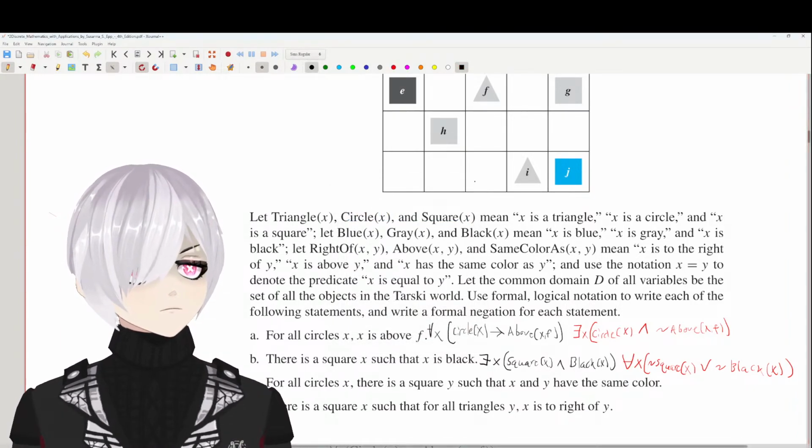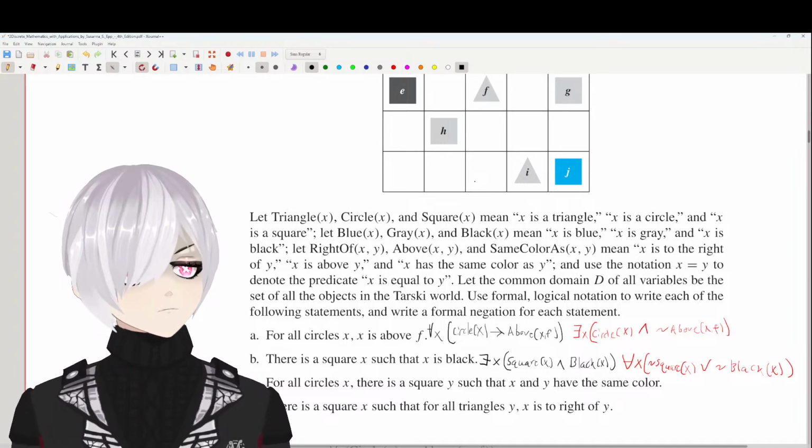Let's see here. For all circles X, there is a square Y such that X and Y have the same color.